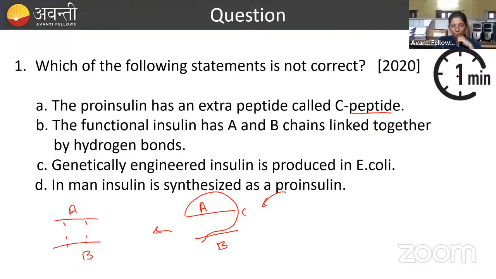Is it correct? No. A chain and B chain both are linked together by disulfide bonds. So this is the wrong statement which we have to choose, because they asked us which of the following statements is not correct. Is it clear to every one of you?